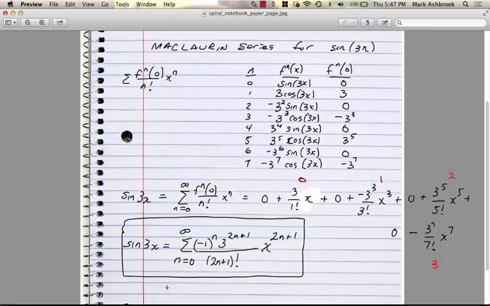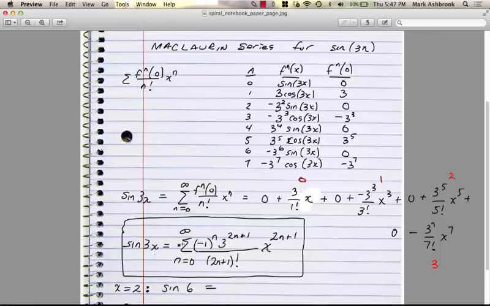So how can we use this to approximate, say, sine of 6? What would x be? If we had x equals 2, this would generate the value of sine of 6.